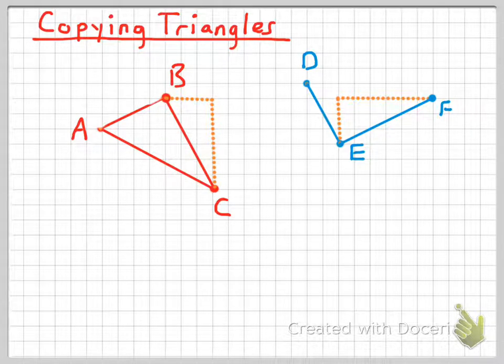Then I'll finally go ahead and connect points D and F. Now, I did something here that I didn't describe to you, but I also ensured that the distance from D to F was the same as the distance from A to C, and I'll demonstrate that to you right now.